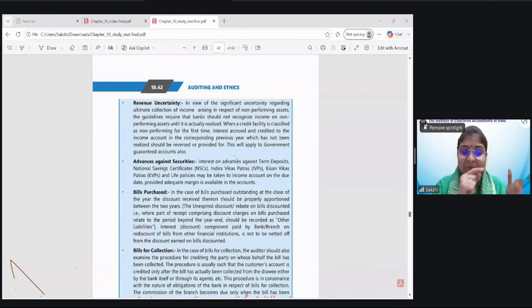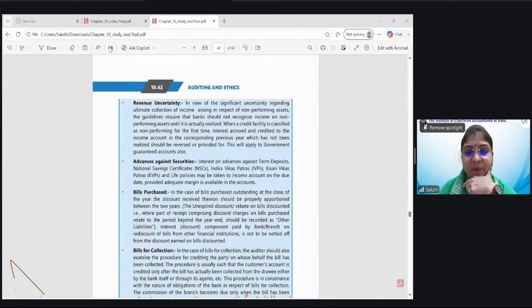And it cannot say my income was 100, I'm paying 60 rupees charges, minus 60, 40 is my net income. It can't say like this. It has to book 60 rupees as an expense in the P&L, and this will not be netted off from the discount earned, income on discount on bill discounting. Are you understanding this? It will not be netted off from the discount earned on the bills discounted. Now is it clear, Harsh? Okay.